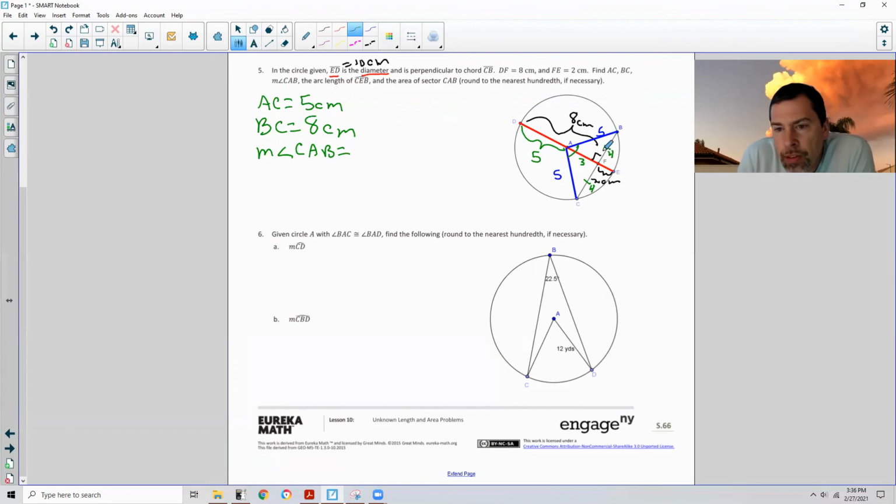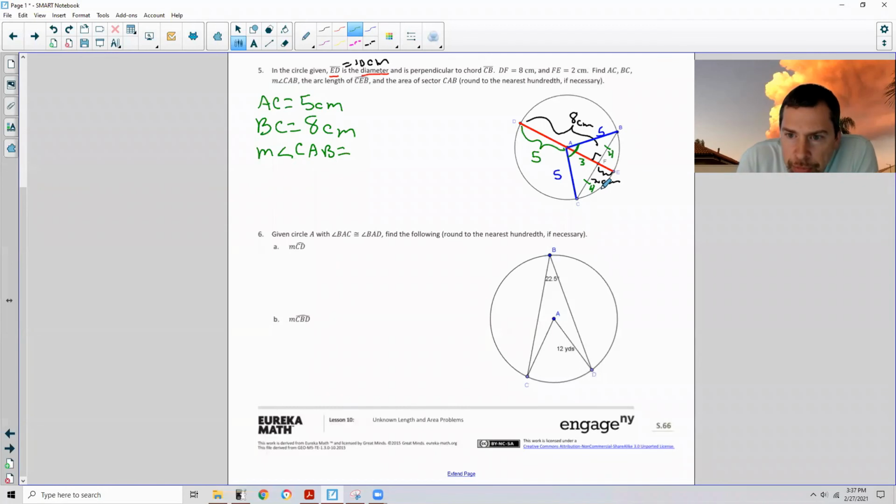Okay, well, if this is a central angle, it's equal to its intercepted arc, but we don't know any arc measures. Without knowing any arc measures, I can't just say, well, if I knew this arc BC, then I would just divide it by 2 and I'd have the measure of that angle right there.